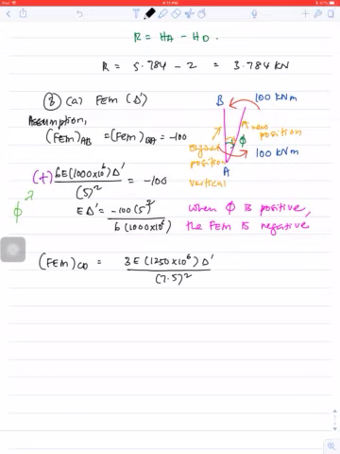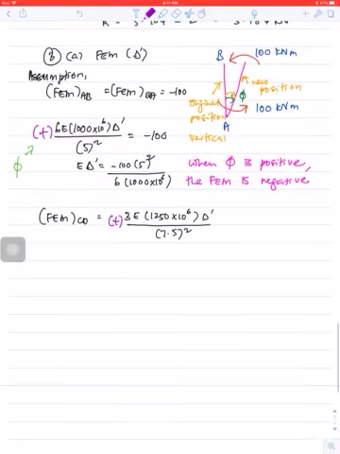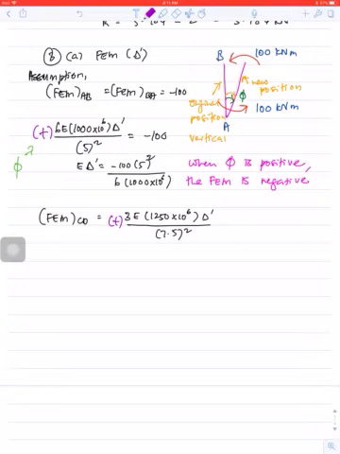It rotates clockwise, so the FEM will rotate counterclockwise, so it is also negative. So the angle here is referred to as positive: 3 EI times delta prime divided by 7.5 squared.